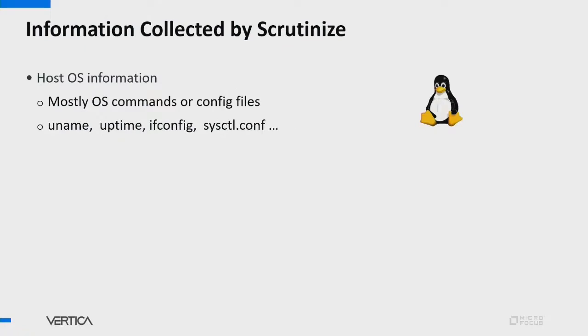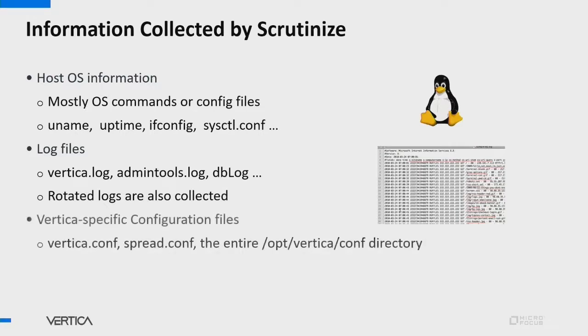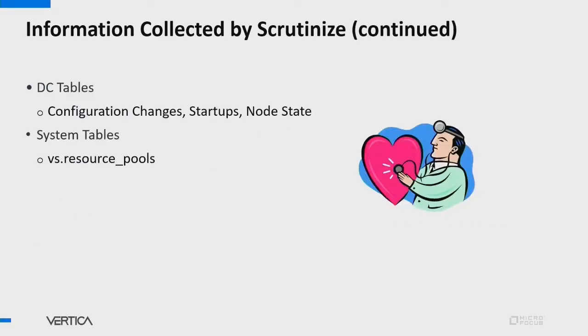Let's look at what information is collected by Scrutinize. Scrutinize collects a lot of host information like sysctl settings and dmesg. It collects log files from different kinds of logs like the Vertica log and admin tools. It also collects the data collector tables, which are also known as DC tables.